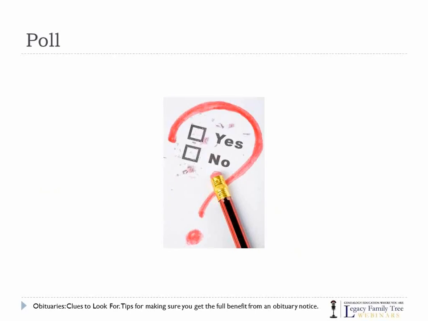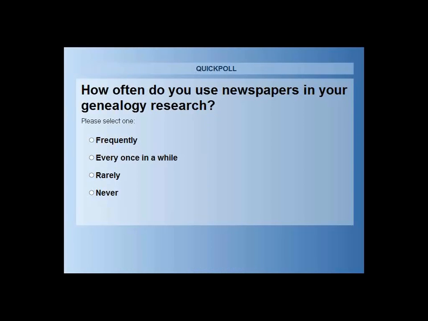So, our first one, how often do you use newspapers in your genealogy research? So frequently, every once in a while, rarely, or never. So be honest here. There's not a wrong answer. These questions will help Tom get to know you a little bit better.